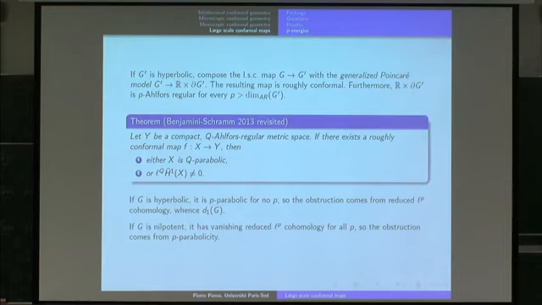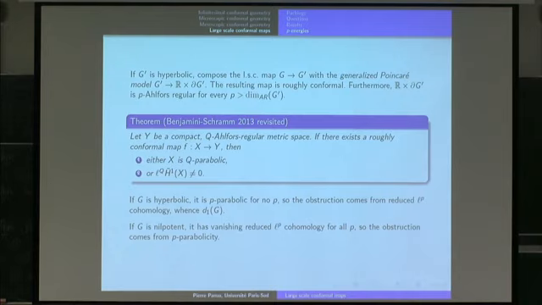So the theorem is formulated here. This is pretty close to Benjamini and Schramm's theorem. Here the domain is a space, a group for instance, and the range is a compact Ahlfors regular space. So typically the round sphere, or the ideal boundary of a group, or this product.